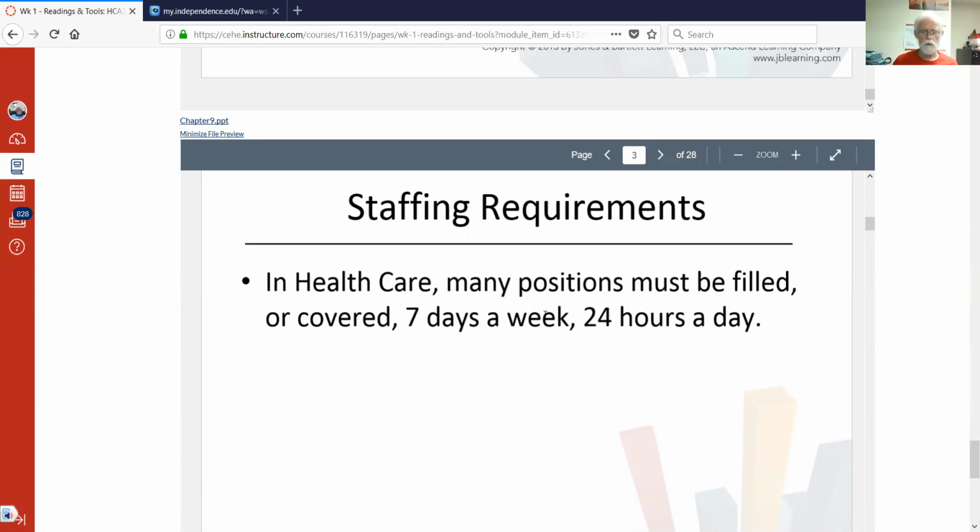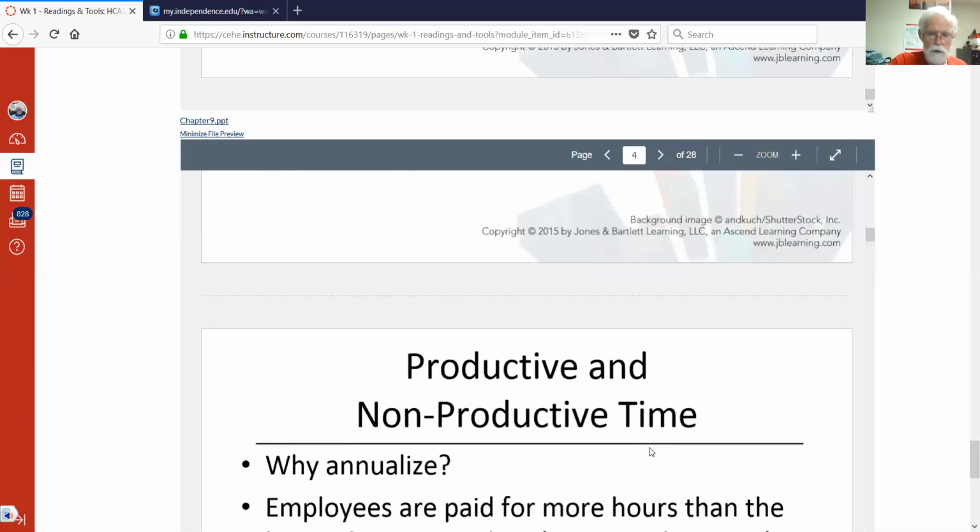If you're working in a long-term care facility, which is what you've said you were interested in, you'll need to have lots of different requirements, and you'll have to have people on staff in many positions 24/7. Doesn't matter what else is going on. You're going to need people in the kitchen, or at least have somebody there capable of fulfilling those duties.